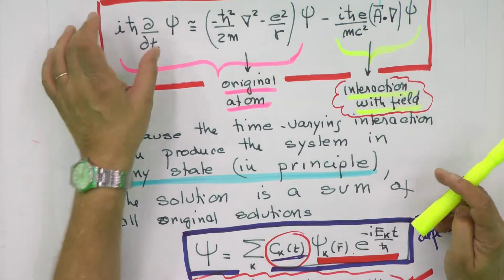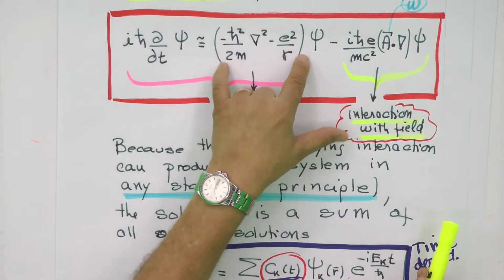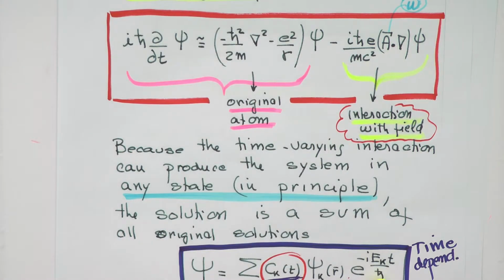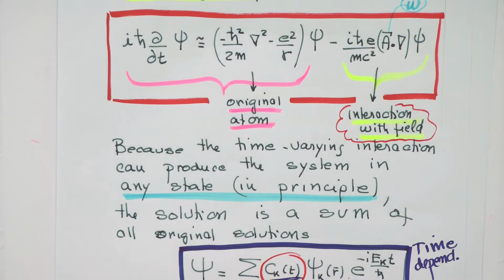What's going to happen is that we're going to have a sum here of the time variation of the CK. And this term will be CK times E of k, because this term here on the function psi k is just Ek psi k.